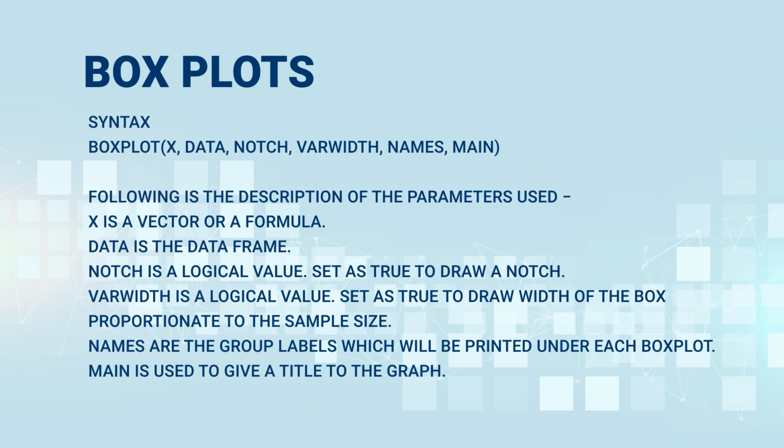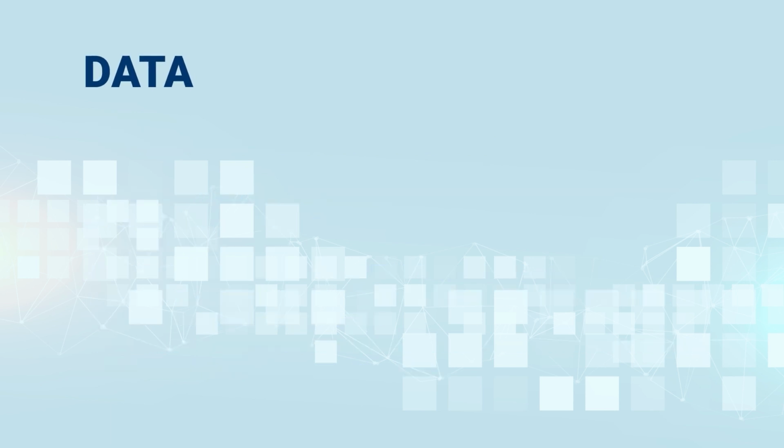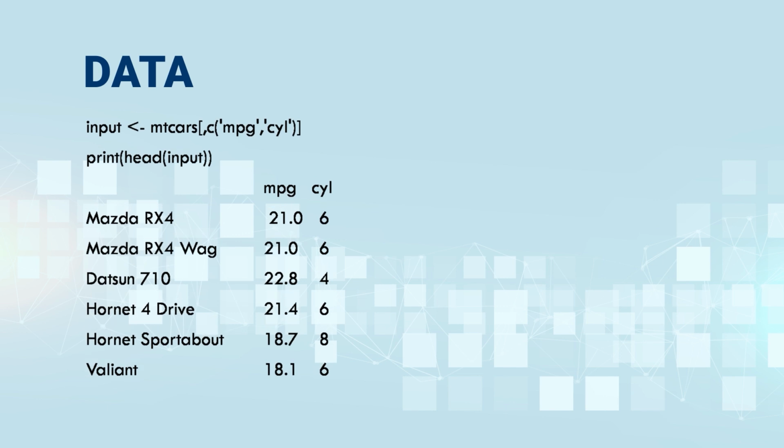Okay, so suppose this is the data that we are taking. This is miles per gallon and number of cylinders, and these are different models of the car. This particular mtcars data set is already present in R, so these are inbuilt data sets. You can simply take input mtcars and then use the combine function, and write mpg and cyl.